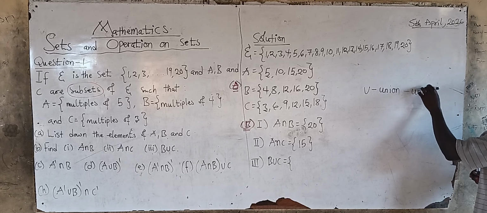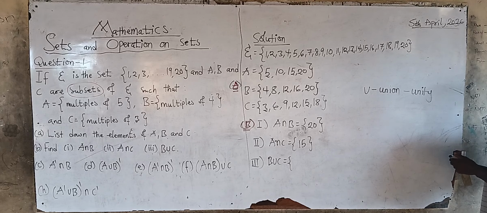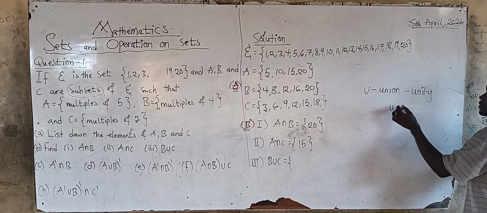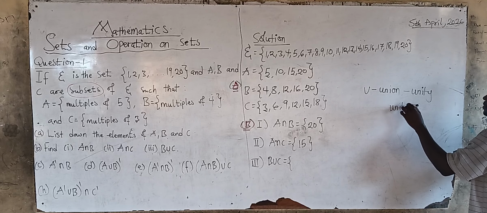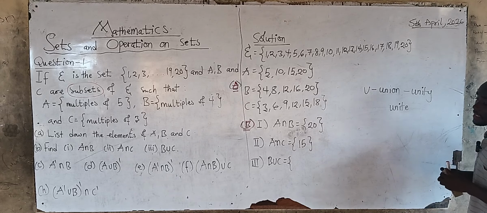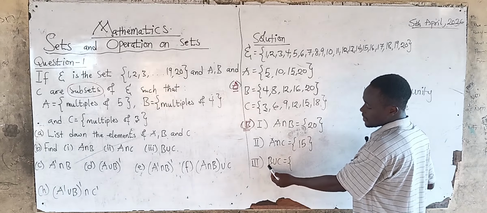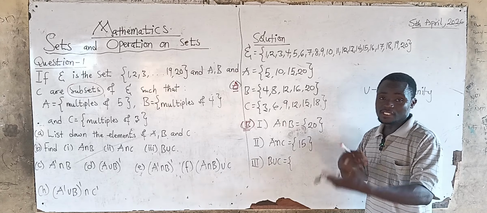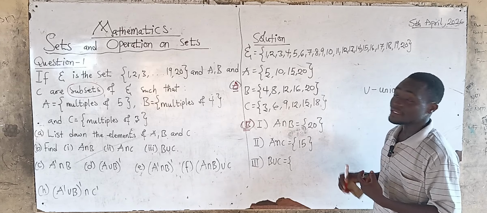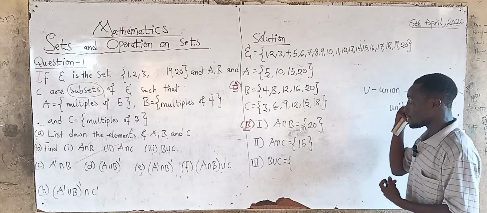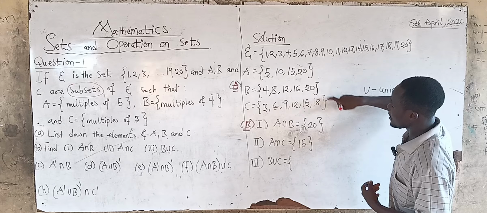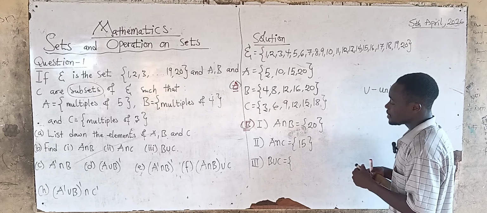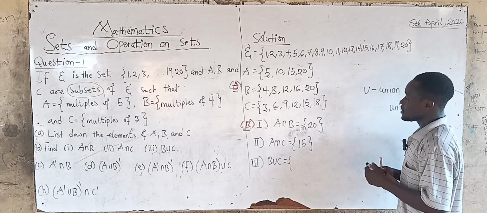So union means unity, or unite. So that means that the elements of the set B and the set C, we are going to combine them. Then after, we arrange them in the order of what? Ascending order. So we are going to combine them and arrange them in ascending order.